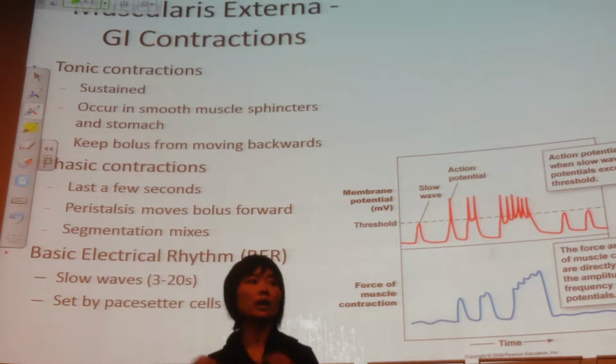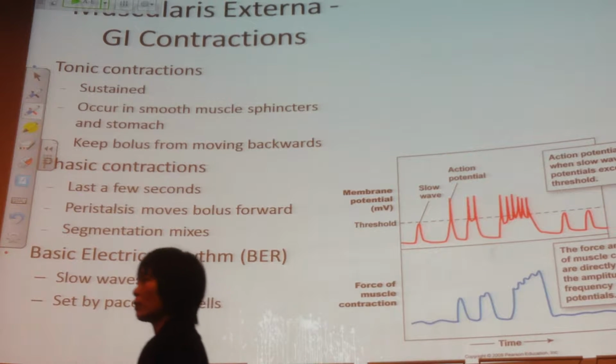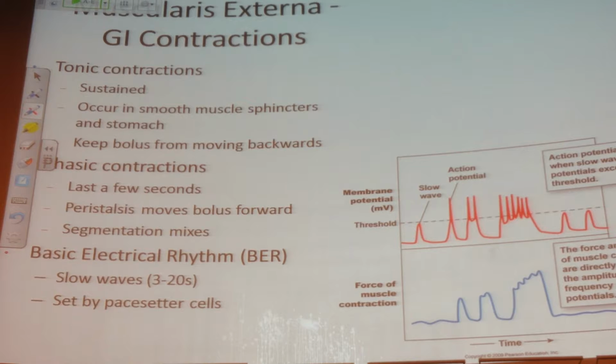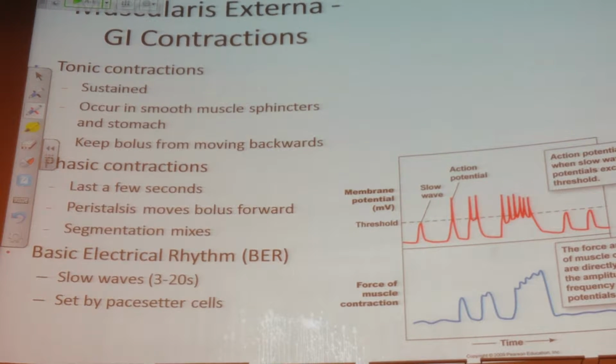So you can imagine where you will see those types of contractions. You will see them in your sphincters, which prevent food from moving in the wrong direction. And you will see them in the stomach, where you want to create pressure during stomach emptying. Next class we will show movies so you can appreciate how tonic contraction looks in the stomach.